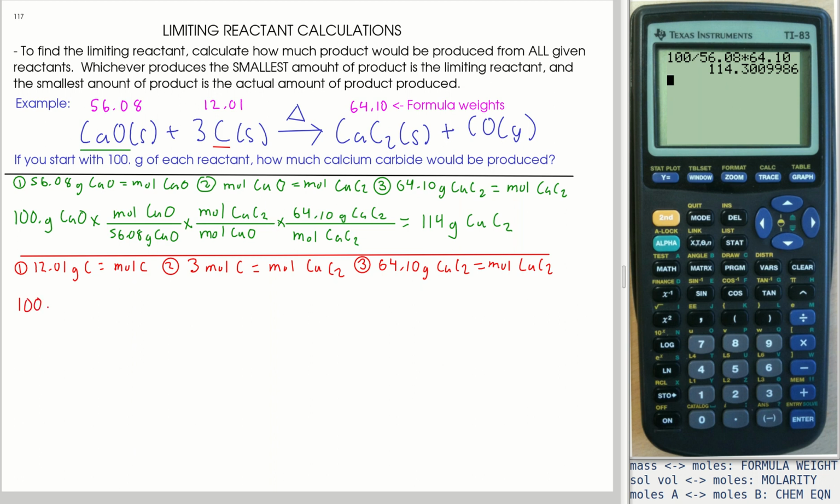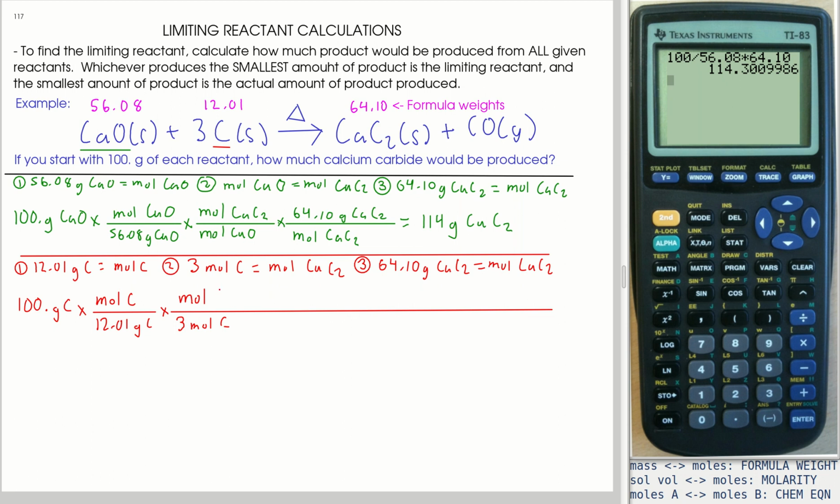Since we had the same amount of carbon here, start off with 100 grams again. Times sign, draw a line. For the first step, I'm trying to get rid of grams of carbon, so 12.01 grams of carbon on the bottom, moles of carbon on the top. That leaves me with moles of carbon as my unit. So my second step, put the mole of carbon part on the bottom, 3 moles of carbon.